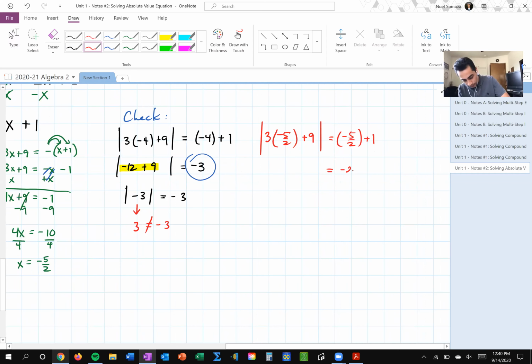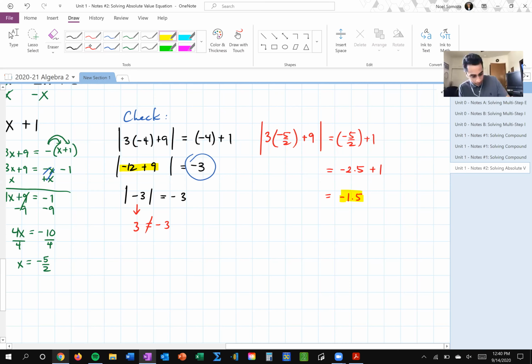Negative 5/2 is like negative 2.5 plus 1. So now negative 2.5 plus 1, that's equal to negative 1.5. And I already know that negative 5/2 is bogus. It's extraneous, right? Because regardless of what it gives us on the inside, it's not going to equal negative on the outside. There's no way that we're going to be able to get this as a possibility, right?